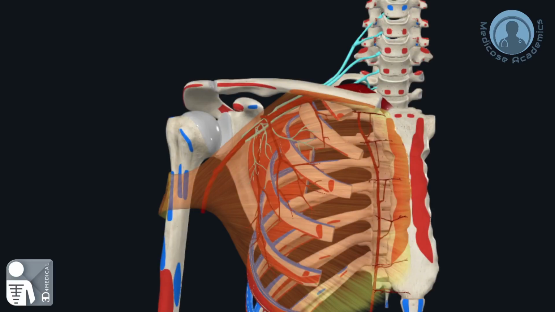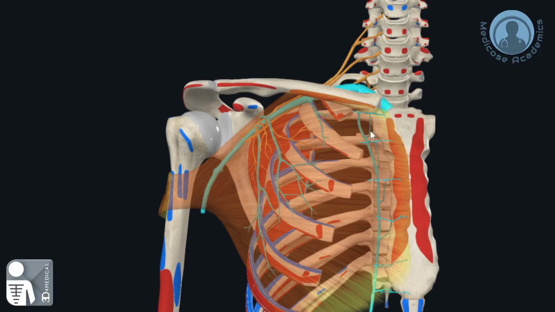Talking about the arterial supply, it is through a number of arteries. Here you can see there is the internal thoracic artery, also called internal mammary artery. Its perforating branches go to the front, and then there are various branches of the axillary artery, including the superior thoracic artery, then the lateral thoracic artery, then the thoracoacromial artery, especially with its pectoral branch.